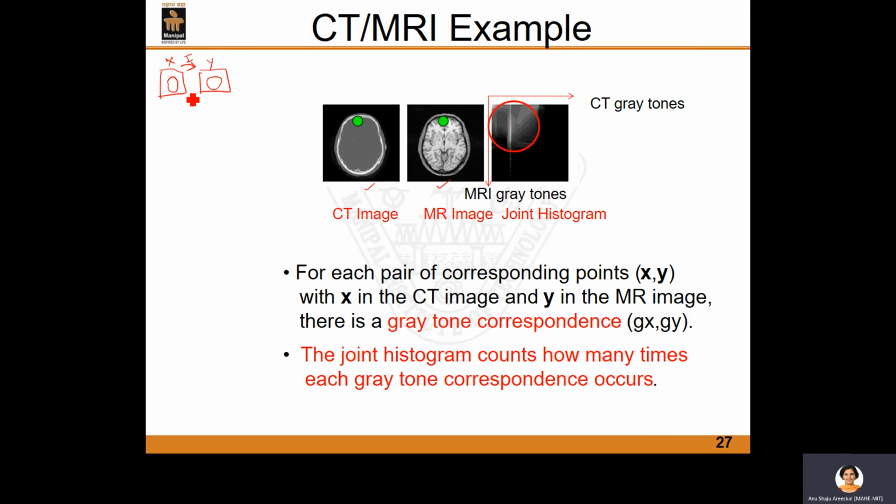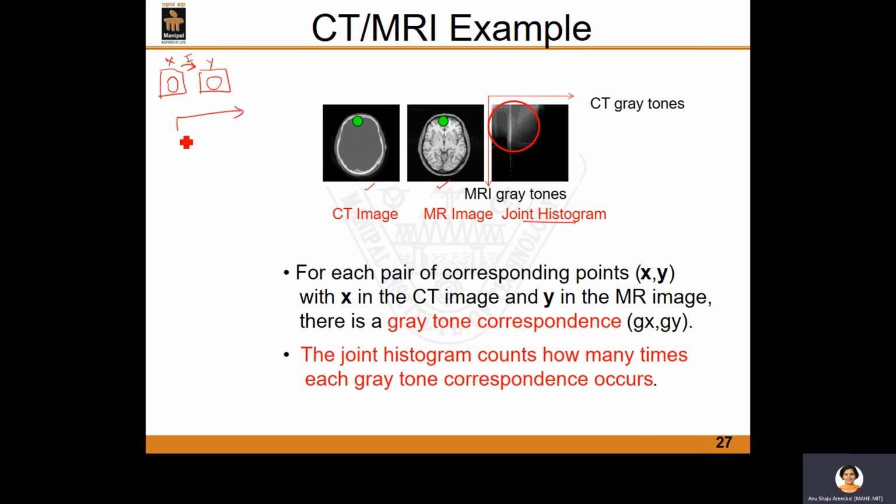Now, if you know the transformation between these two images, that is, if I apply the particular transformation to this image I get this particular image, then I can compute what is called a joint histogram.